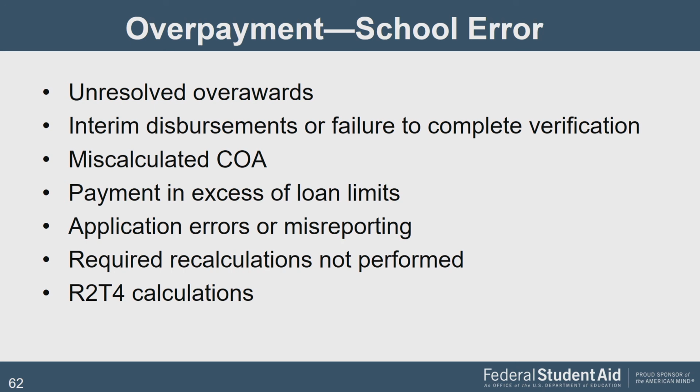We're looking at failure to complete verification, where you've already paid interim disbursements, where you've miscalculated the cost of attendance, where you've overpaid the loan limits for whatever the reason is, application errors, miscalculations of R2T4. There are a number of reasons for overpayments to occur that are considered the school error.